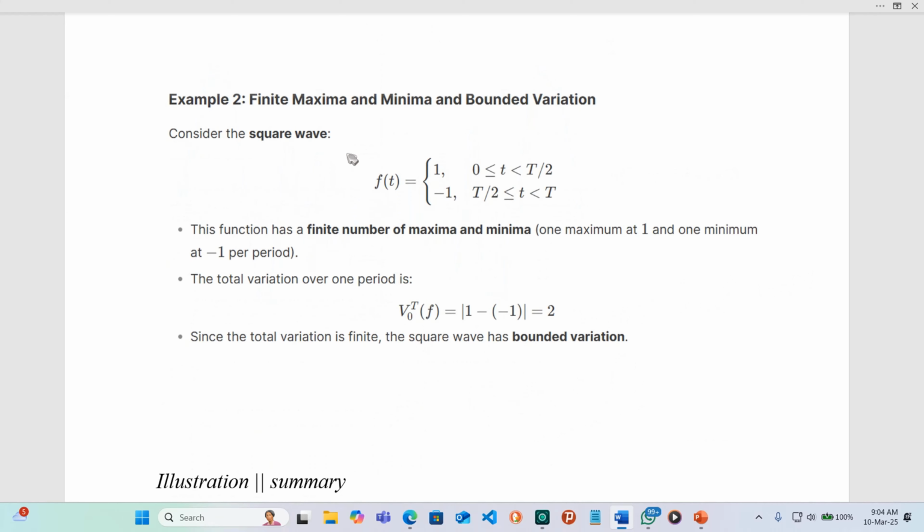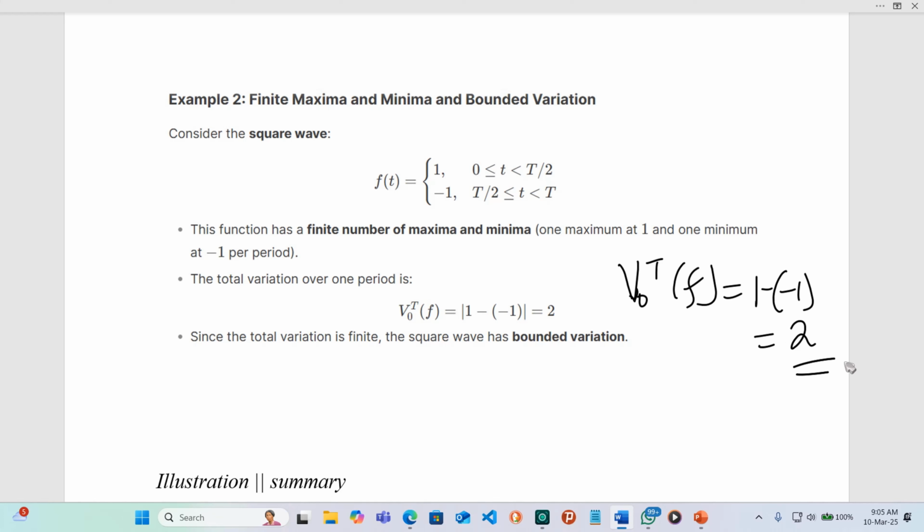So what if it has finite maxima and minima and it is bounded? This is how it is going to look. You have a square wave. This square wave, as we have already seen, has a maxima and minima, and the variation over one period is actually going to be, if we talk about total variation over one period for this function, equal to 1 minus negative 1.